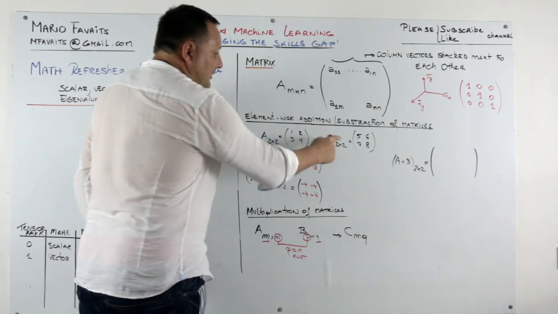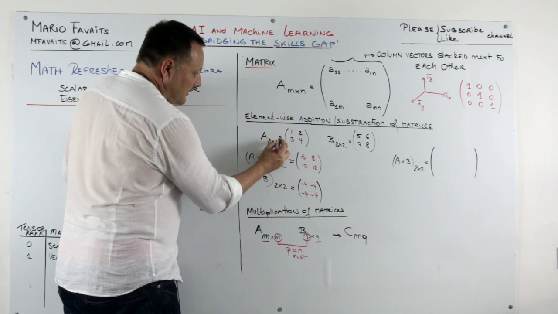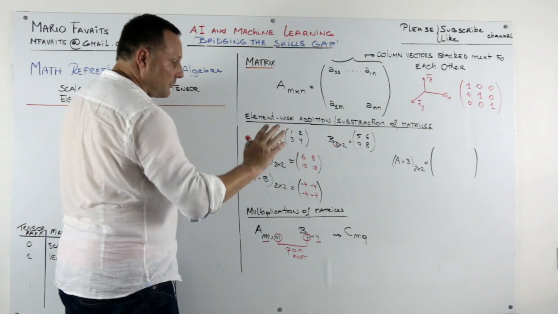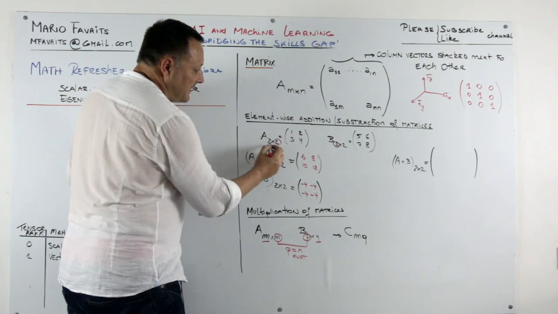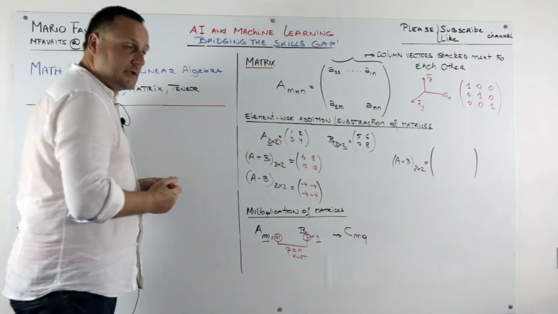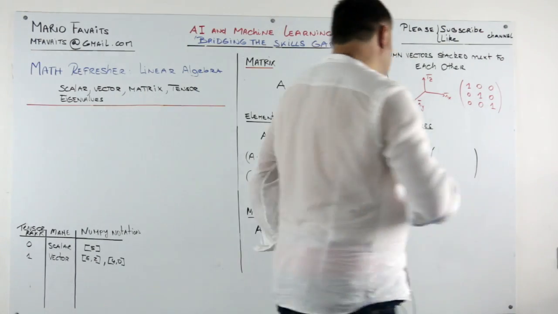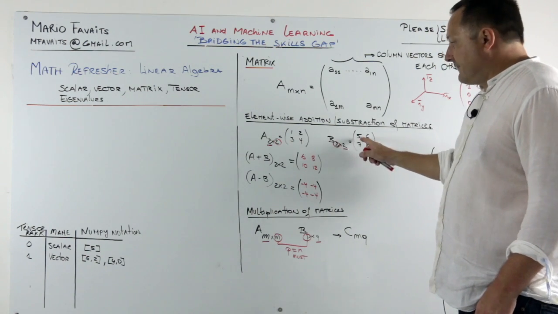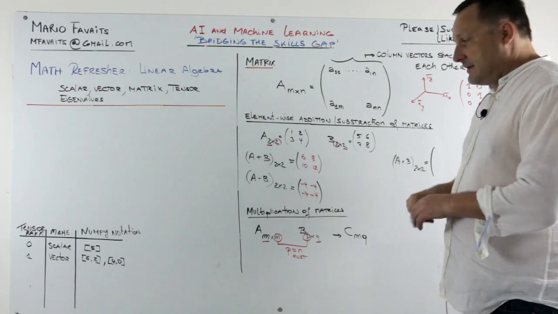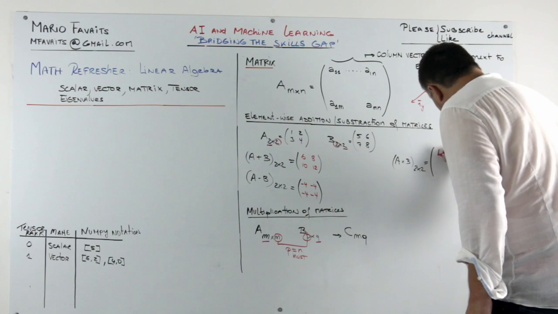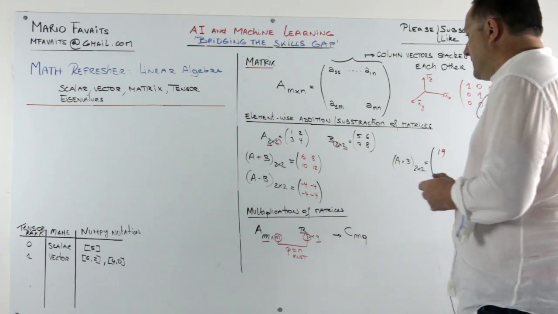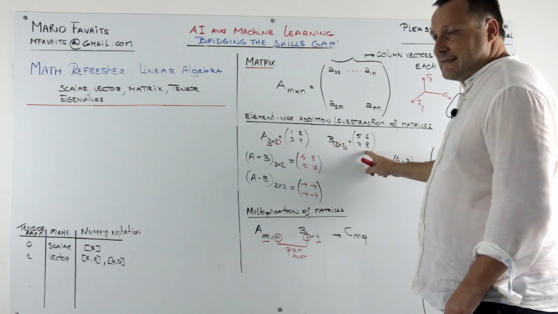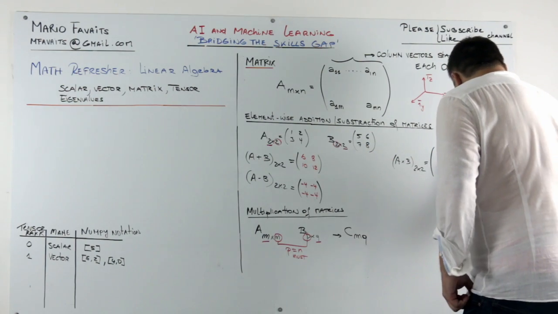So let's now take a look at these two. We see the 2 inner numbers, columns here equal to rows there, so we're fine. And the size of the new matrix is 2 by 2. Okay? So let's see how we do this. We do 1 times 5 is 5, plus 2 times 7 is 14, total 19. Okay? 1 times 6 is 6, 2 times 8 is 16, so that's 22.